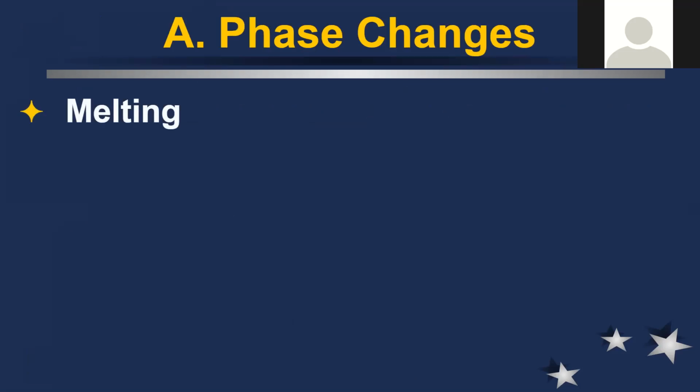So these first couple you guys are probably familiar with. So we have melting, which is when you go from a solid to a liquid. So you take some ice, set it out in a glass on the counter for a couple hours. It's going to melt and go from solid ice to liquid water.